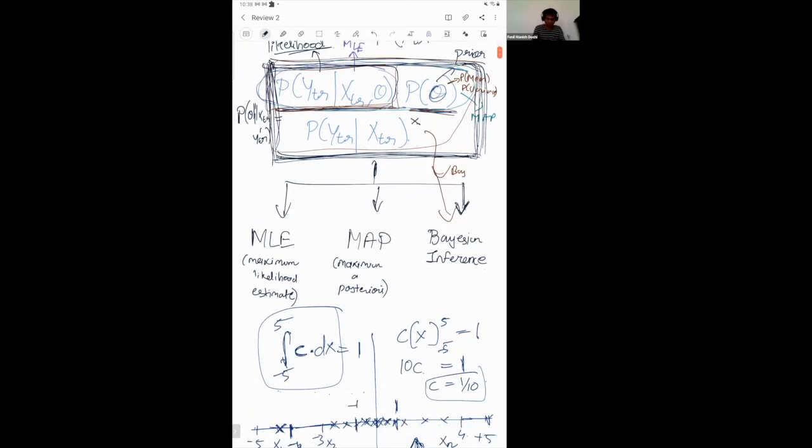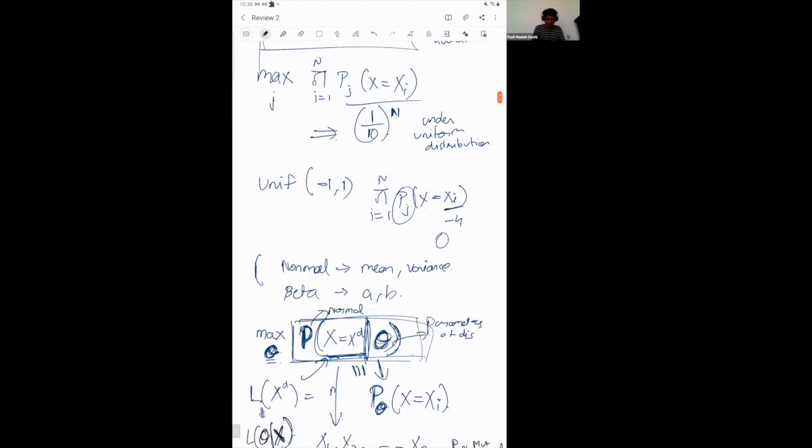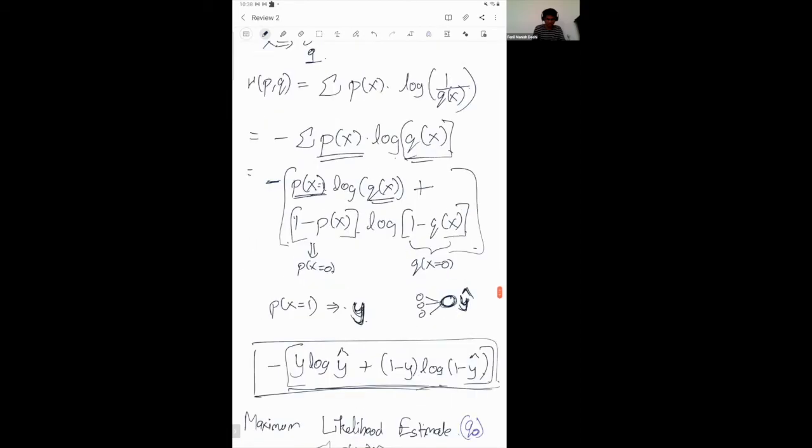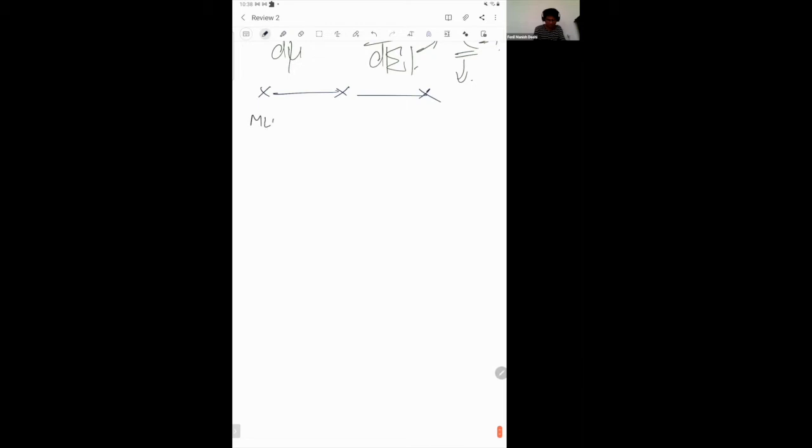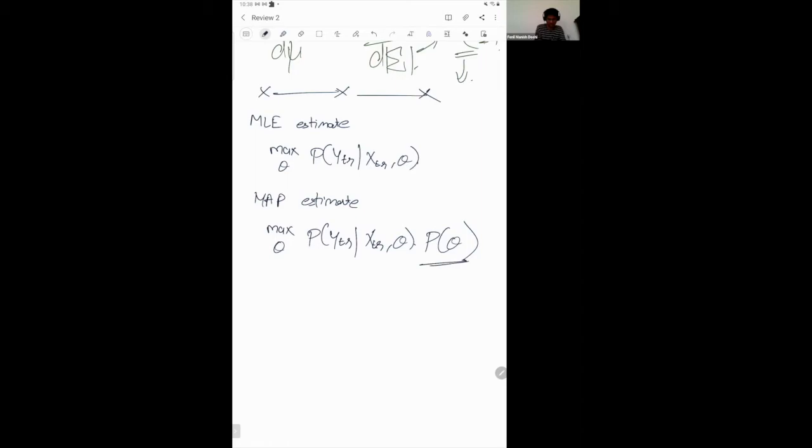MLE estimate was just maximizing over theta of p of y train given x train and theta, and now MAP estimate is maximizing over theta the same quantity, but now we have this additional prior on theta that we are incorporating.